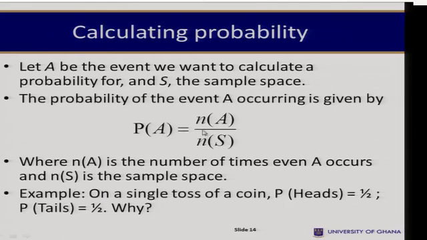In other words, n(A) means the number of times the event A occurs, divided by the total number of outcomes in the experiment. So in our example, when you toss a coin once and we want to calculate the probability of heads, it is equal to 1/2, because the number of outcomes is 2, a head or a tail. But we want a head, and a head can only appear once when you toss a coin once. So it is 1/2.